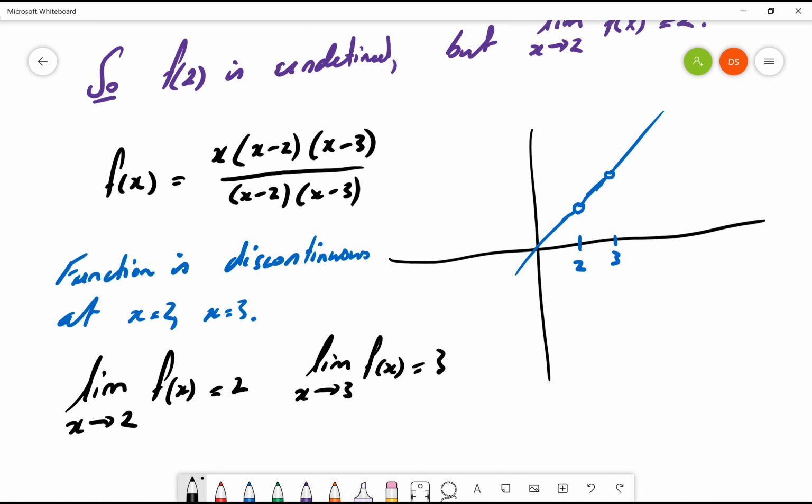So the limits exist, and these are defined such way, but the function is discontinuous, and f of 2 and f of 3 are undefined.